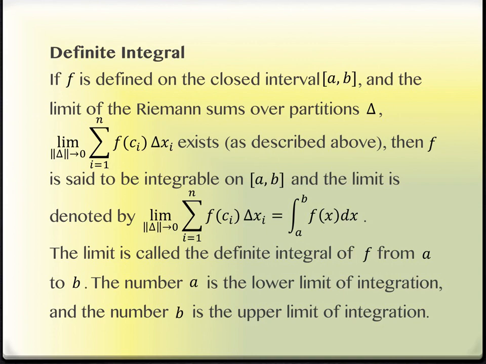So let's talk about what a definite integral is then. Maybe it's worth mentioning that what we've done so far in section 4.1 are called indefinite integrals. So these are definite integrals. If f is defined on the closed interval [a, b], then the limit of the Riemann sums over the partition delta is notated as the limit as the norm of delta goes to 0 of the summation.